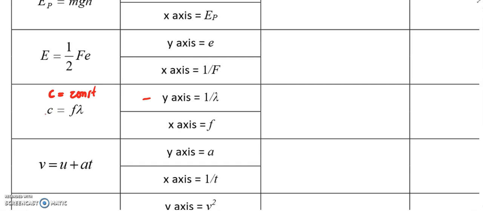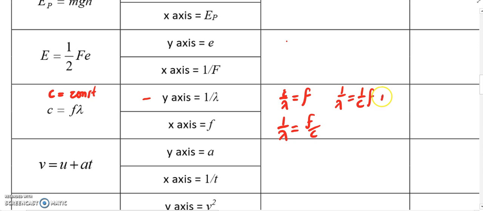On the y-axis, I need 1 over lambda. So if I pull the lambda over here, I get c over lambda equals f. If I pull the c down, I get 1 over lambda equals f over c. Now, using the tricks we've just talked about, we can write this 1 over lambda equals 1 over c times f. And we can always add a 0, get as many zeros as we like. This is now in the form y equals mx plus c.